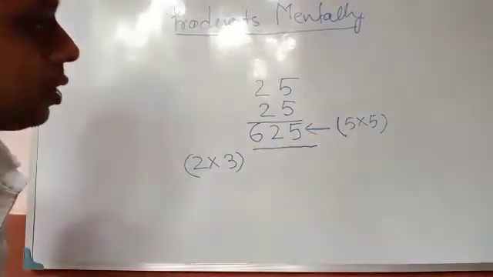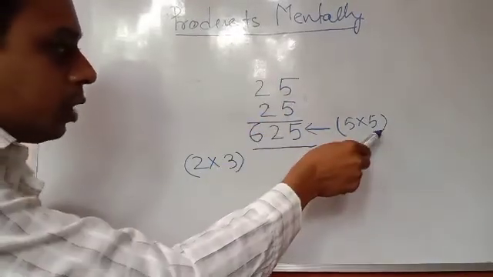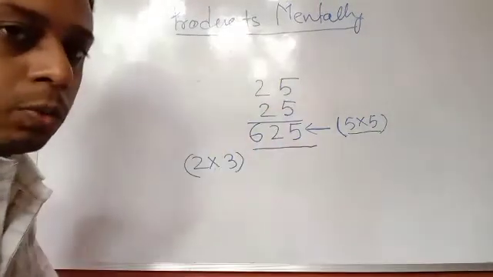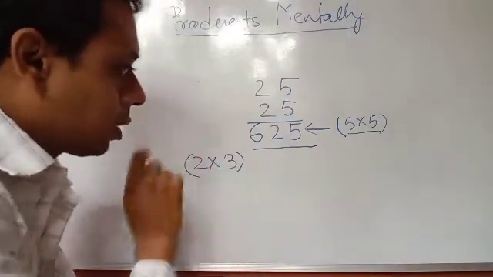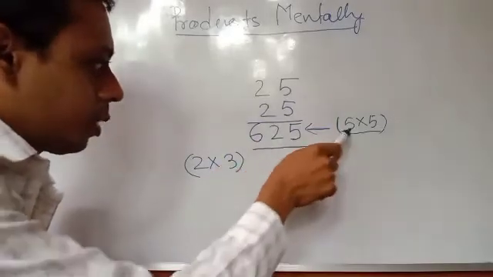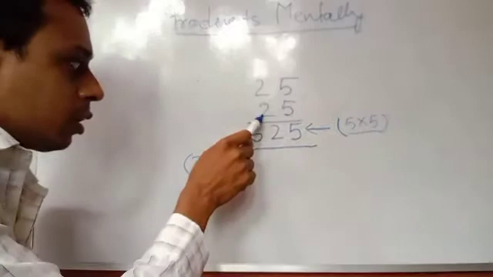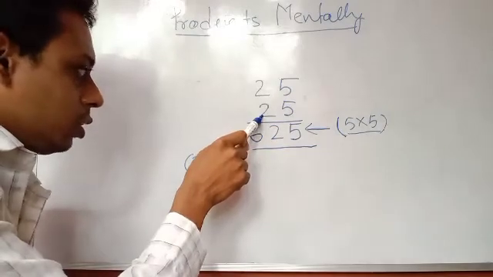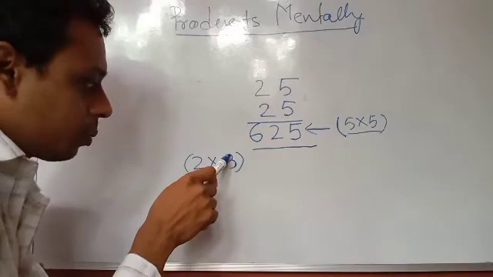What is the process? First 5 and 5, these two 5 you have to multiply. After multiplication, you write 25. Now here 2 is here. So 2 you write and you multiply by successor of 2.